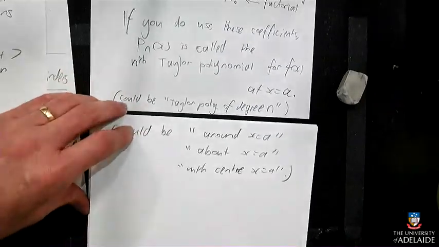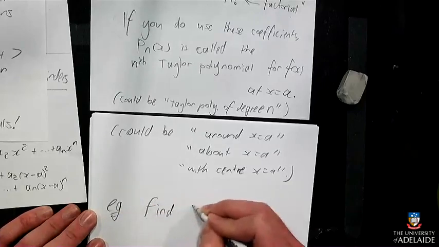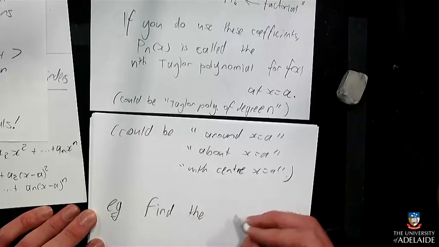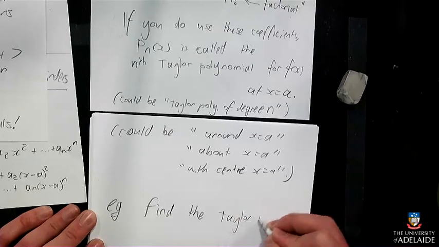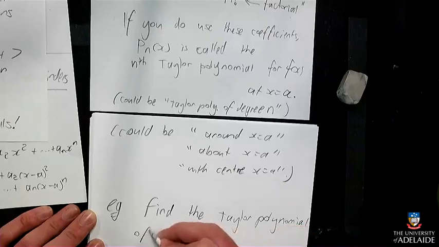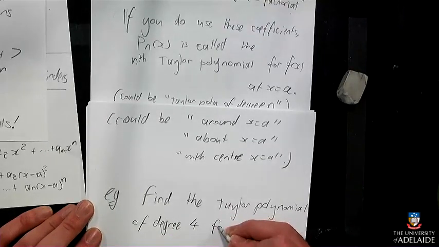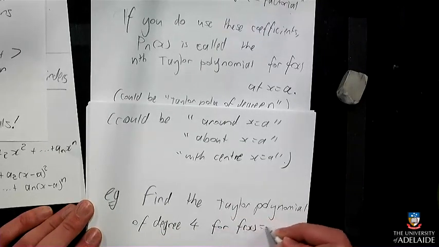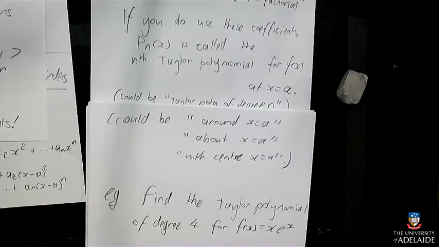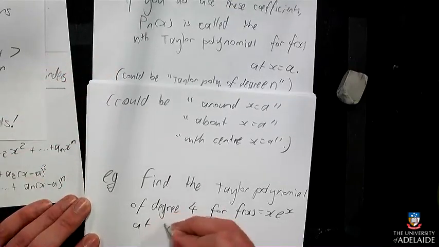Okay. So let me do an example. Find the Taylor polynomial of degree 4 for f of x, which is going to be x e to the power of x, which is the one that I've put on my screen, at x equals 0.